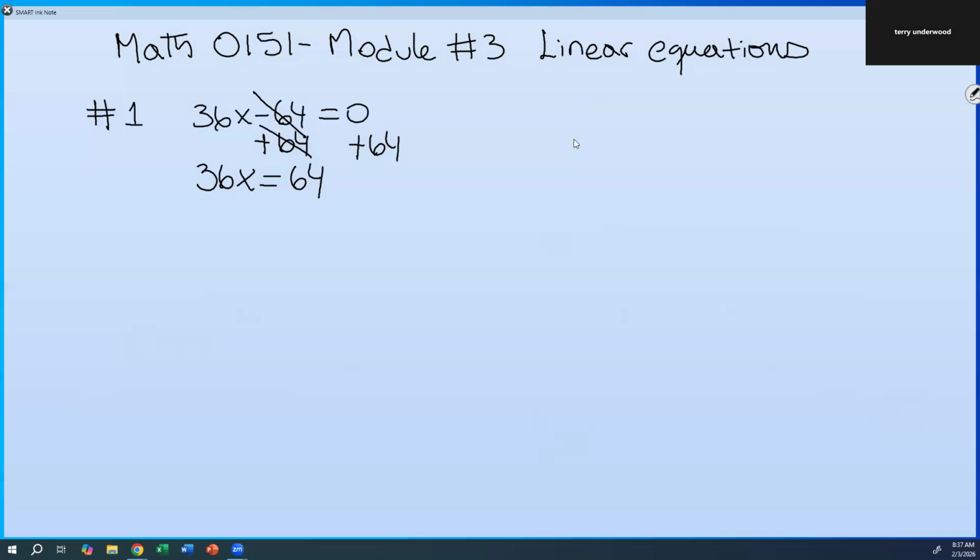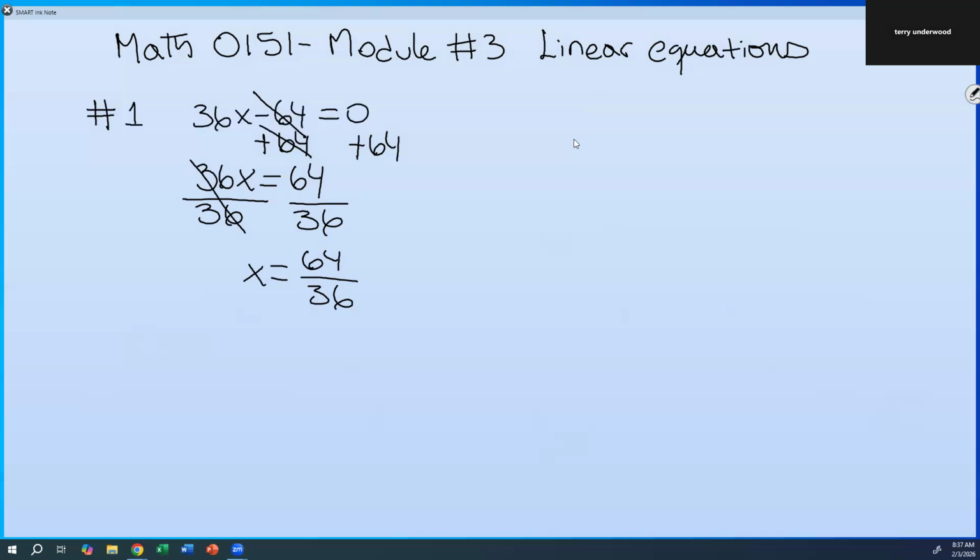Because 36 is being multiplied by x, the opposite operation will be dividing by 36. Divide both sides by 36. And when I do that, these cancel, and my answer is x is equal to 64 over 36. But that is the answer, but it's not the final answer.